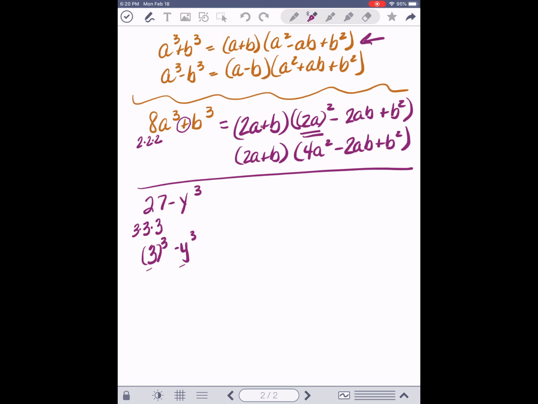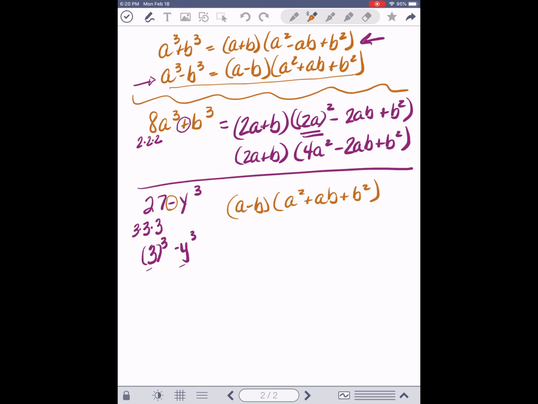We're going to want to now use the a cubed minus b cubed formula, because here we have a difference. That tells us which formula we want to use, which is the second one. We know the formula is a minus b times a squared plus ab plus b squared.